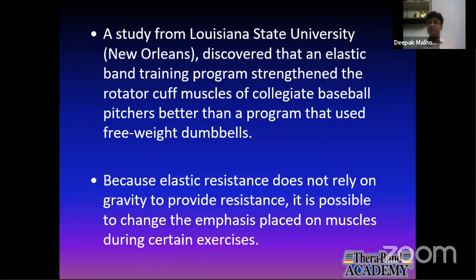When you are using free weights or pulley circuits, you are generally doing isolated training at, say, 0 degrees or at 90 degrees. But with bands, it is very easy to train at different angles, because of the principle of specificity. If you are training at this level and you are performing under shoulder level, there are chances of injury at that specific point, because you have not trained for that specific movement.